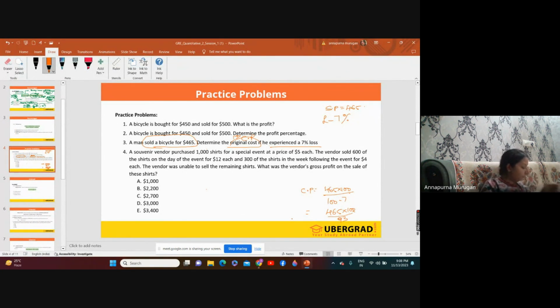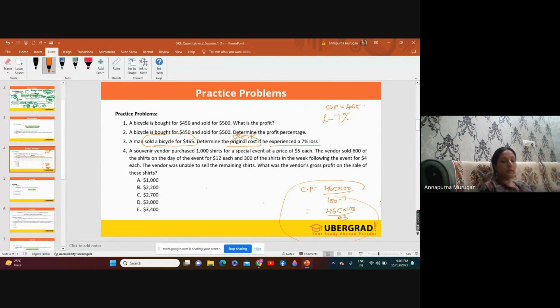Getting it? So this is how we use the same formula here. So simple it is. You could have taken some other formula, but this is a very simple formula that you people can use.